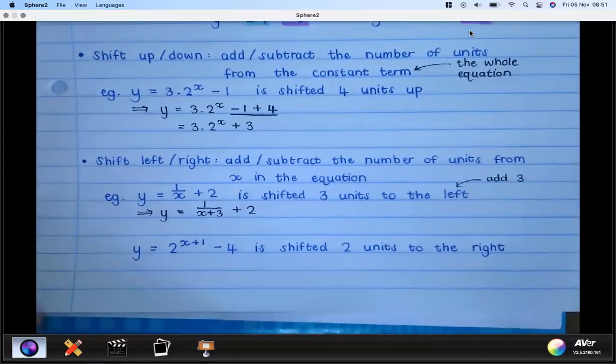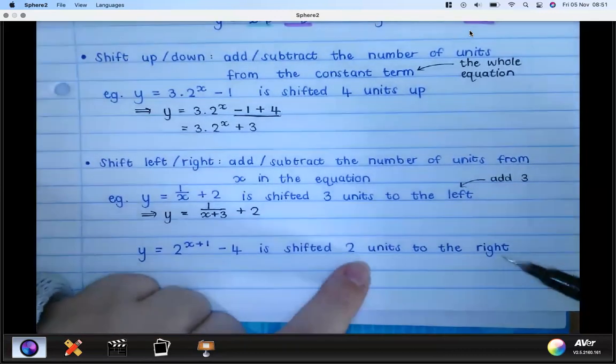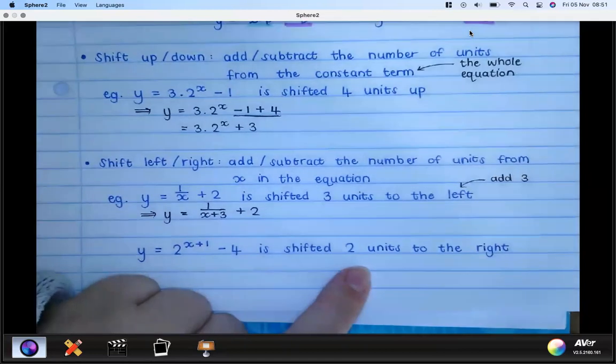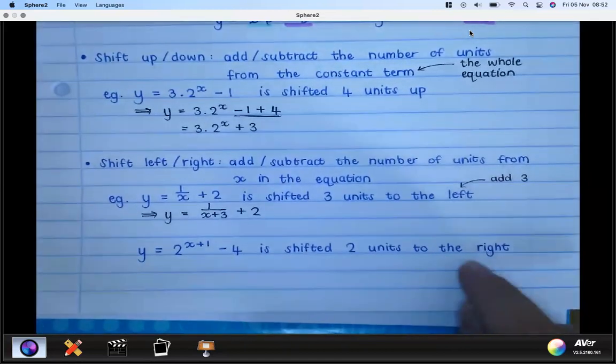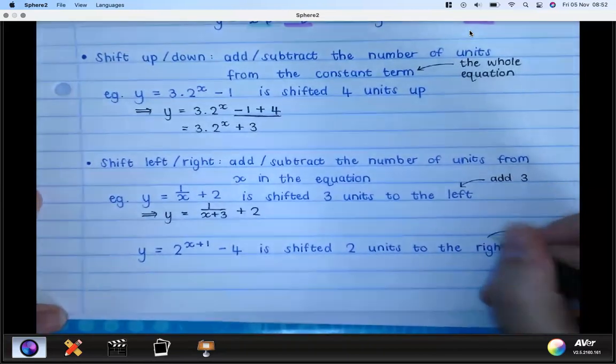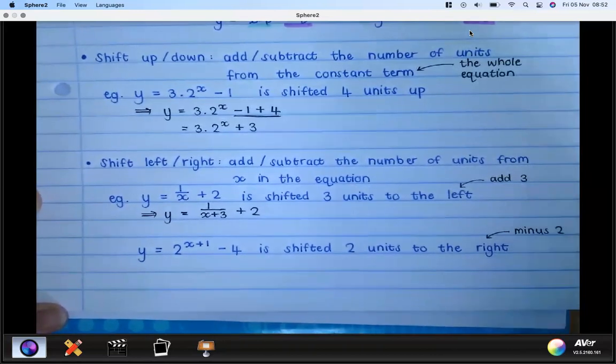All right, so if it's shifted 2 units to the right, we're going to have to add or subtract 2. But when we're moving to the right, remember, moving to the right is in the positive direction, so we're going to have to minus 2. So minus 2 or subtract 2.